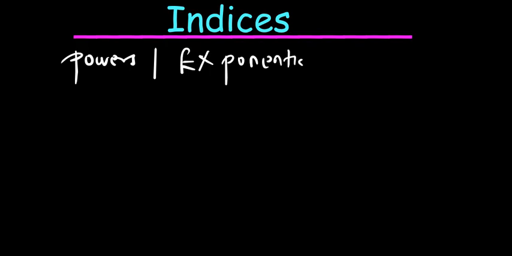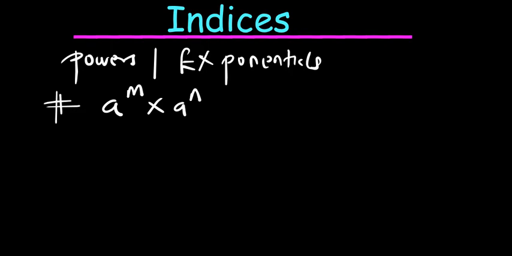Before even starting to solve certain clear examples, indices have certain rules that you're supposed to follow, and it's very important that we talk about these rules as a start. So if I've got a to the power m, multiplying with a to the power, let's say, n.